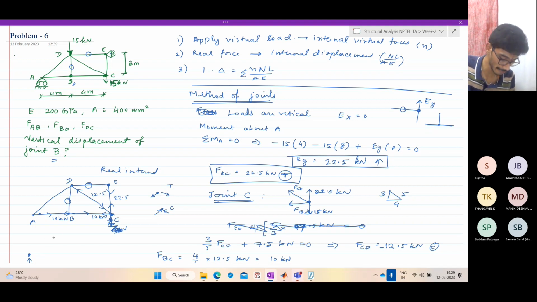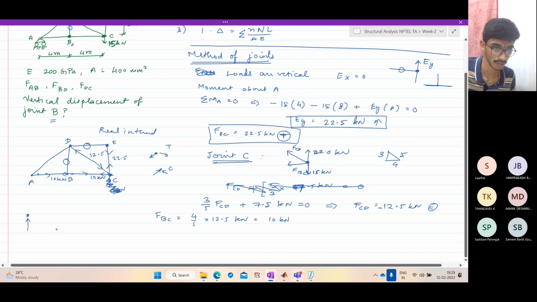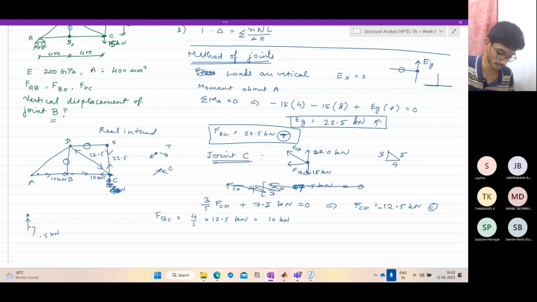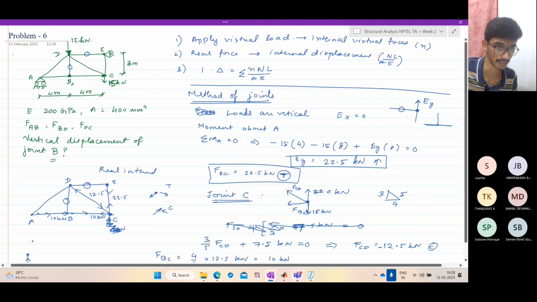So 30 minus 22.5 is 7.5. So this is 7.5 kilonewtons upwards.